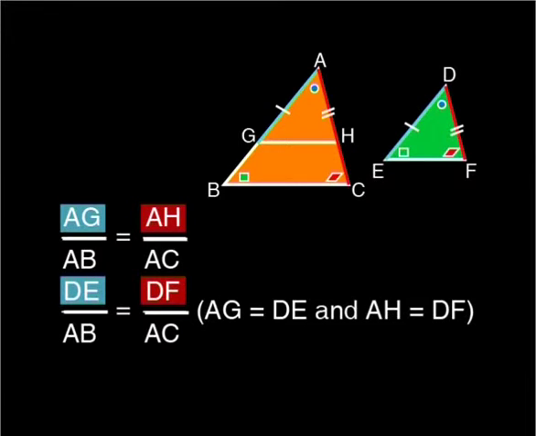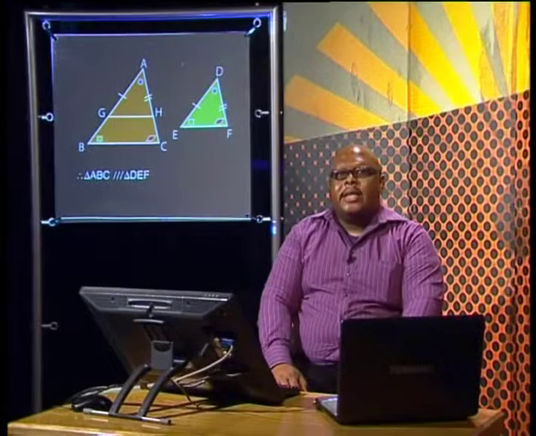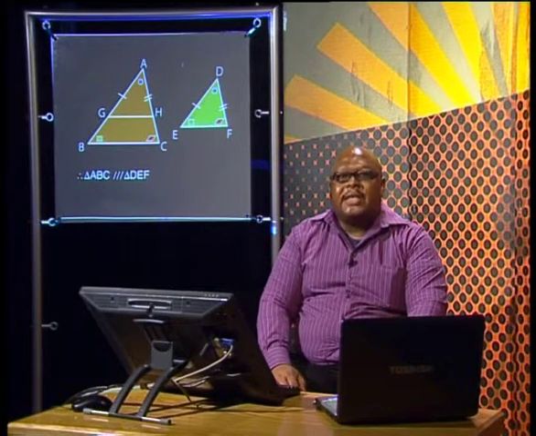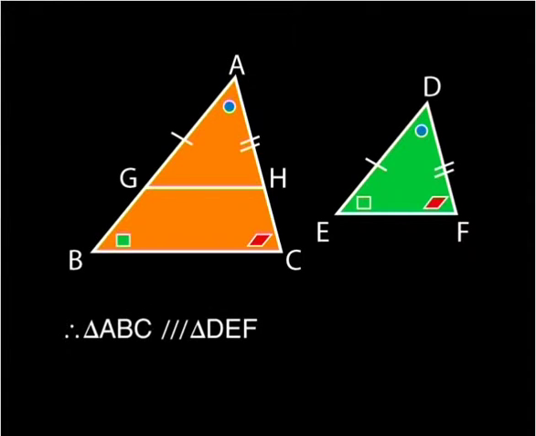So we can put these sides into the proportion statement. This takes us back to the original two triangles ABC and DEF. We have shown that their corresponding sides are in proportion. We started with their corresponding angles equal and so have proved that they are similar triangles.